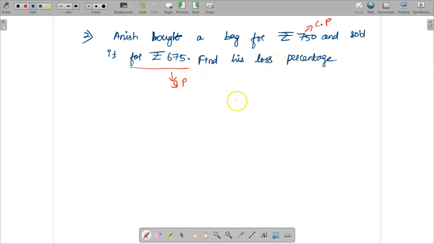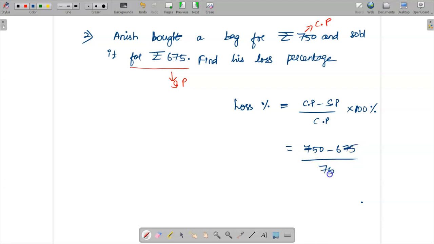So loss percentage is given by cost price minus selling price divided by cost price into 100 percentage. So what is the cost price? It is 750 minus selling price 675, divided by 750, into 100 percentage, right?